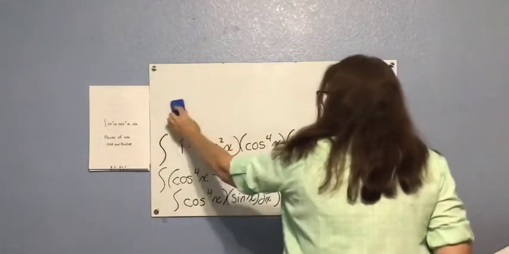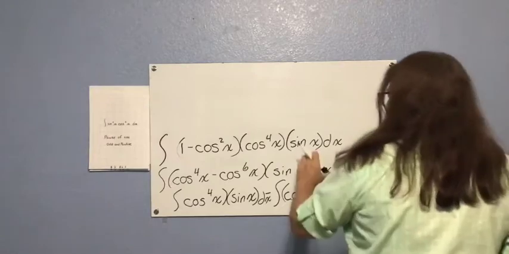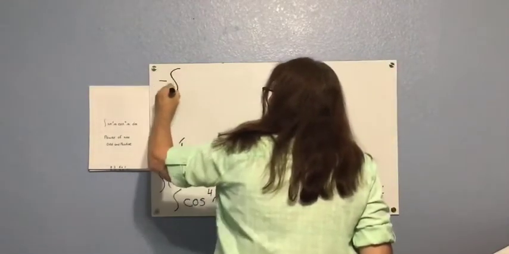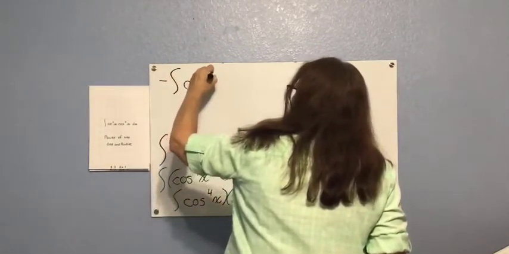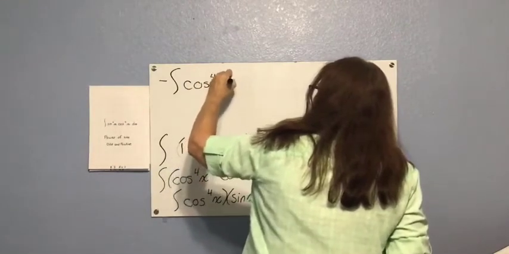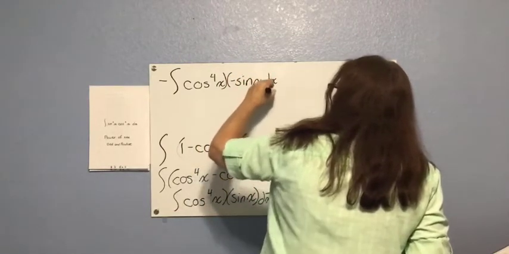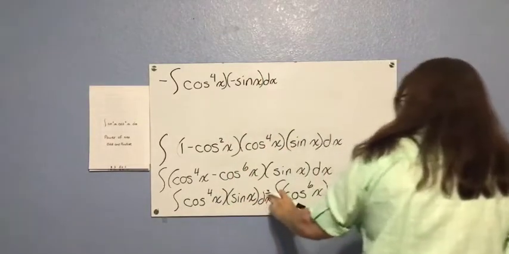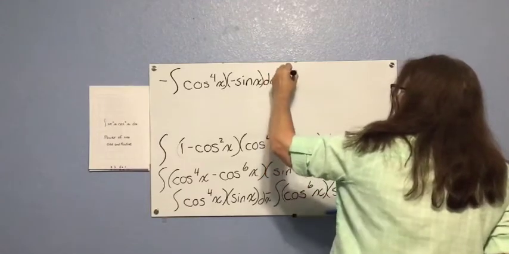Each of these integrals now is something that I can integrate, but I do want this sine x to be negative, so I'm going to take a negative out of each one. And since this one was previously subtracted, when I take the negative out, now it's added.